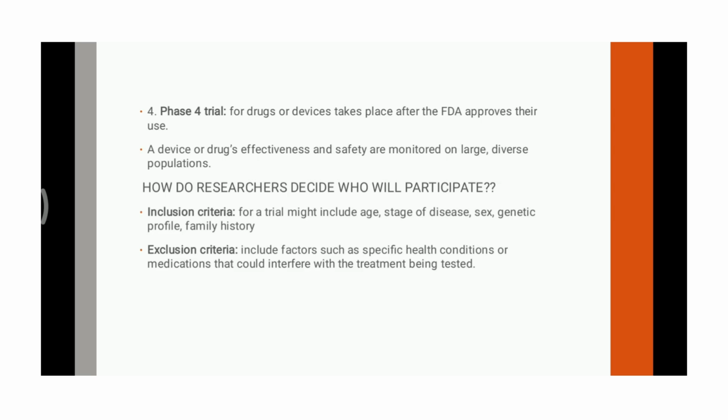Based on these inclusion and exclusion criteria, the participants are allowed to participate in the investigation by the agreement, that is the consent form. The consent form is filled up by the participant stating he or she is interested in the trial. Based on that, researchers will choose the participants or subjects to carry out the clinical trial.